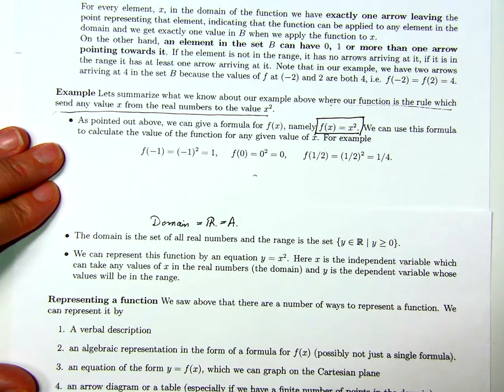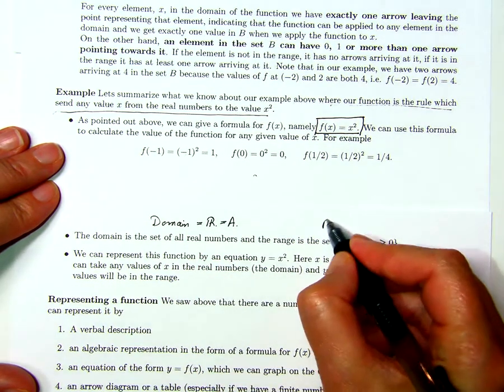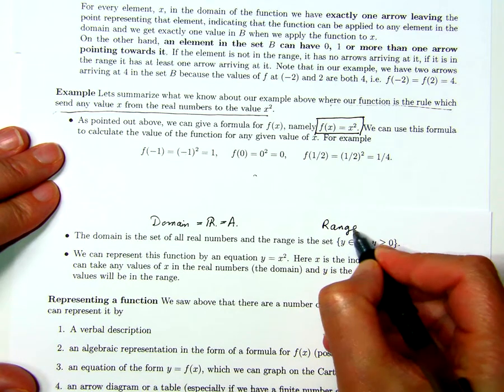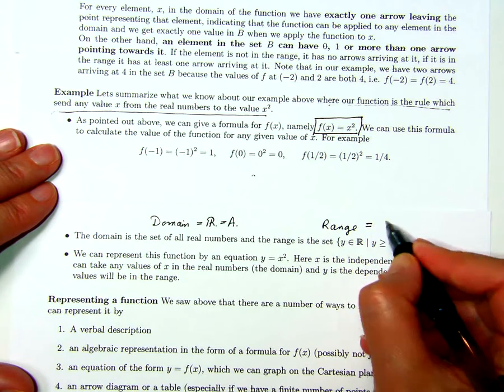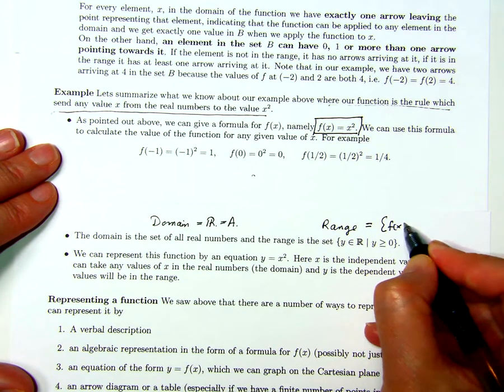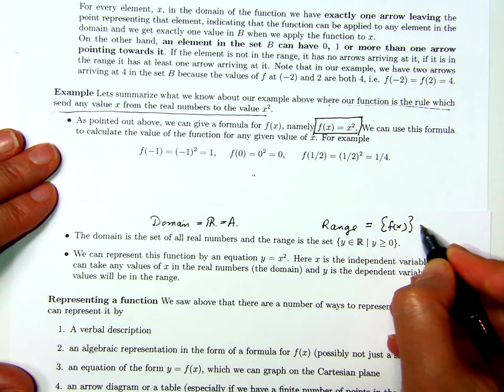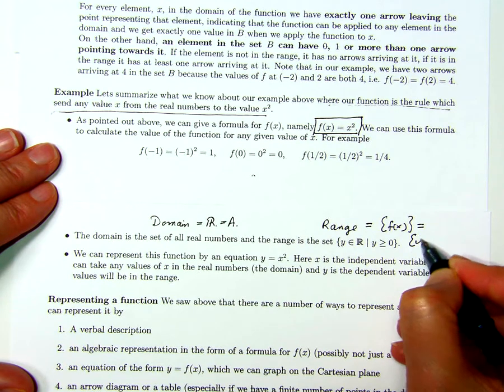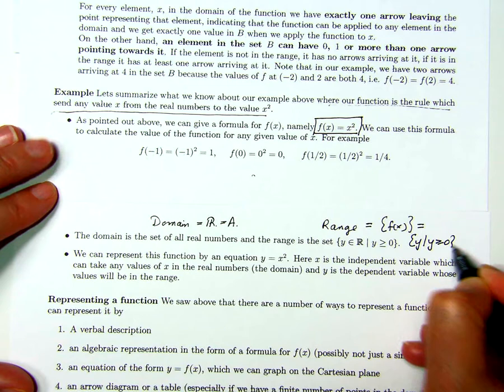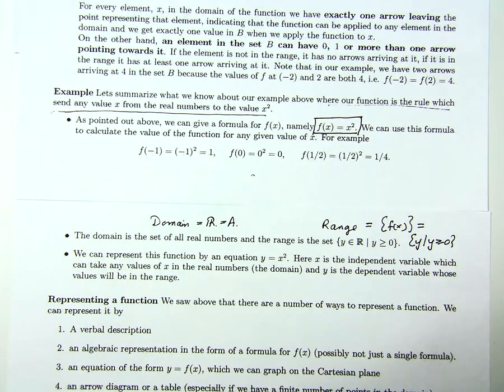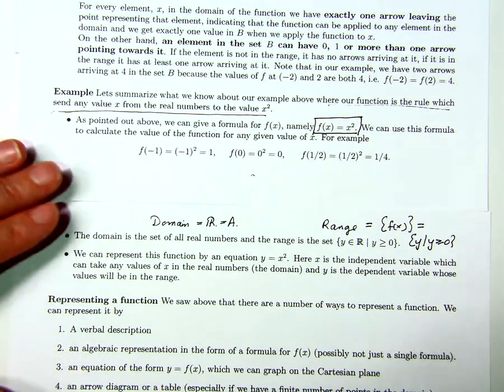And our range is not exactly the B in our definition. B could be anything, but the range is the set of all f of x. And that is the set of all y values, so that y is greater than or equal to 0. So our range is all real numbers greater than or equal to 0.